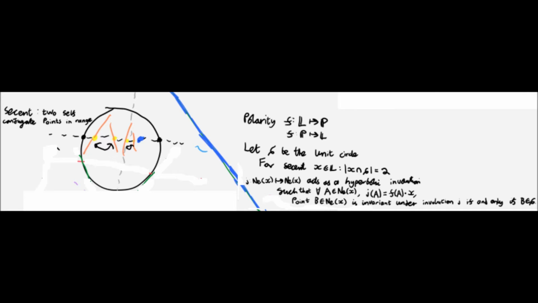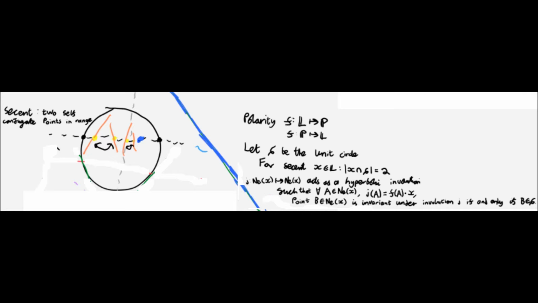So we can think of all of the points on this secant line little x, and we can imagine a point on this line, let's say capital A. So capital A is a member of the range of little x, and under our polarity, this point capital A is going to get sent to a line, which we can call f of A, because we're applying the polarity f to the point A. We can consider the point f of A meets little x.